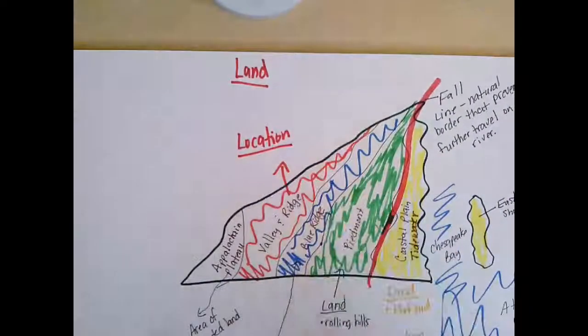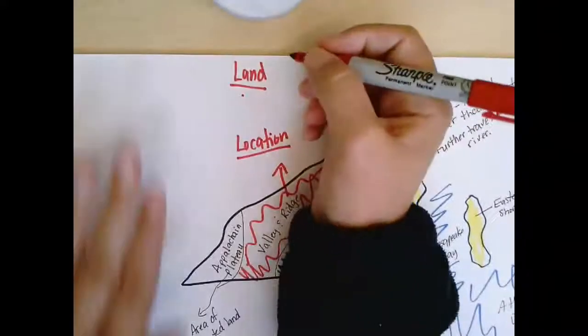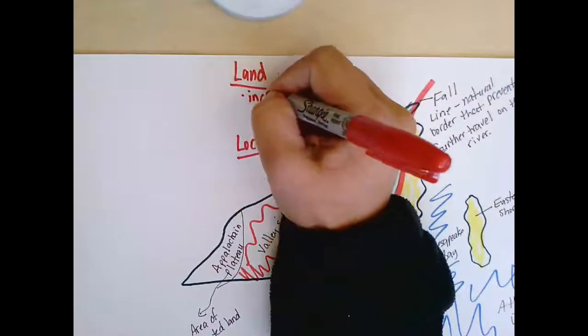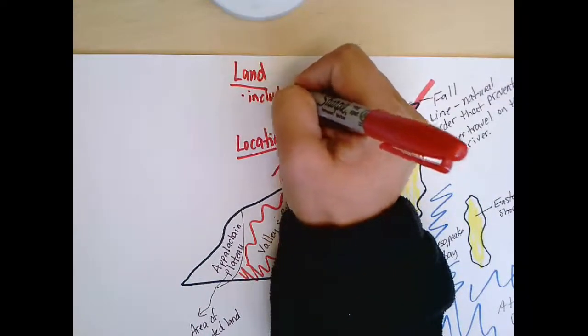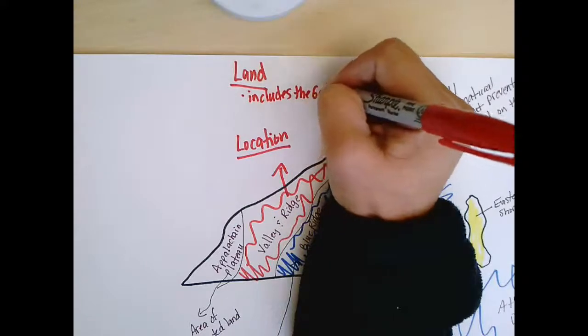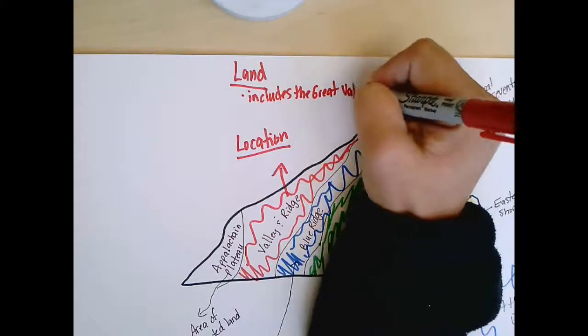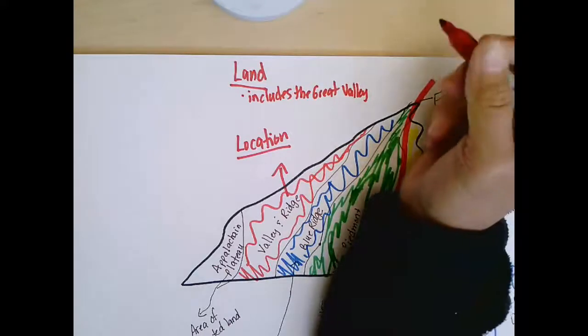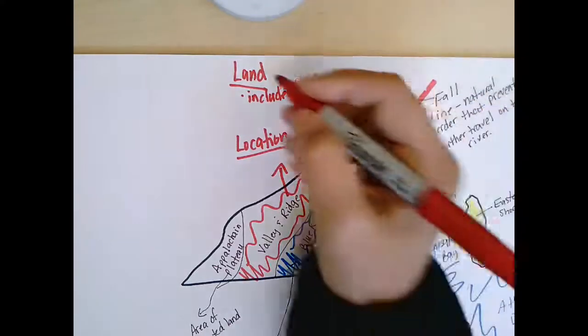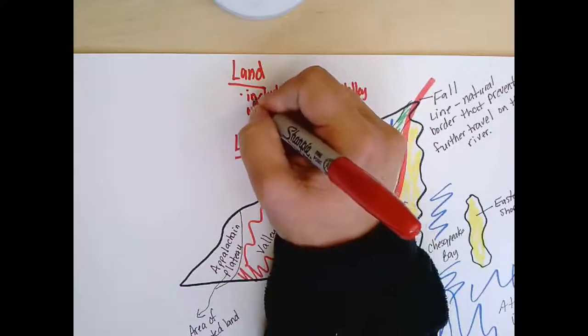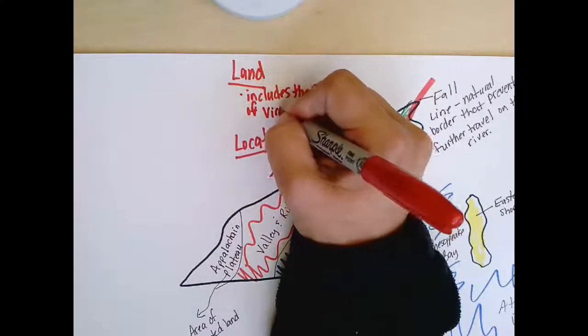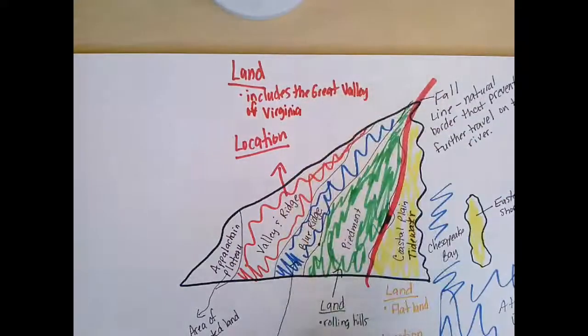Okay, so when we're talking about the Valley and Ridge region, it includes the Great Valley of Virginia, and it's located west of the Blue Ridge Mountains.